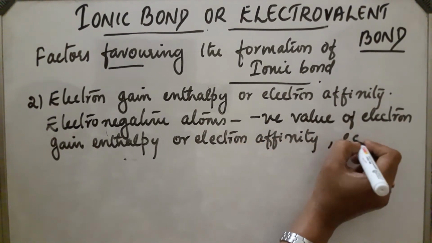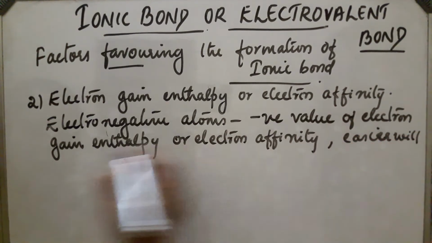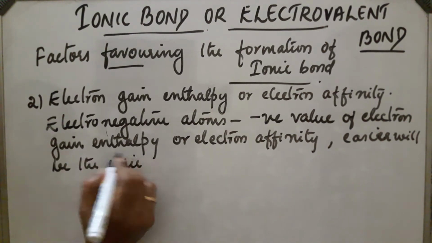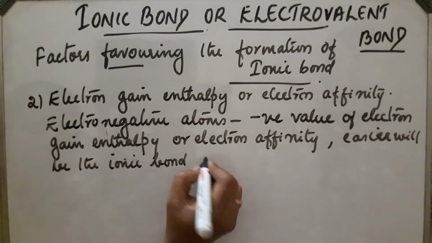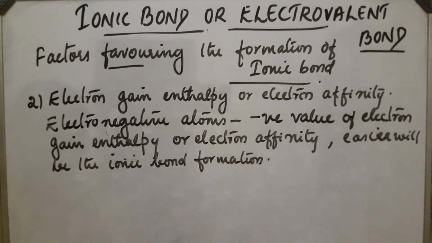Easier will be the ionic bond formation. So a higher negative electron gain enthalpy favors the tendency to form ionic bond.